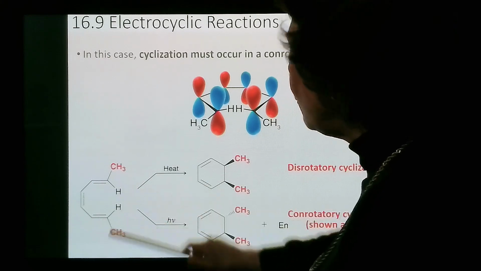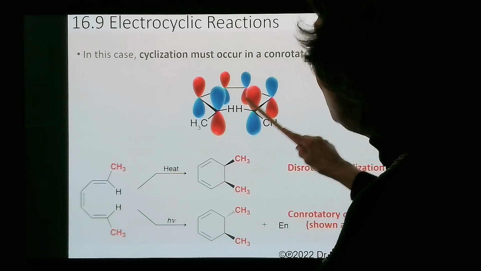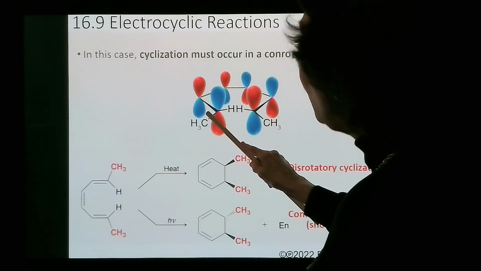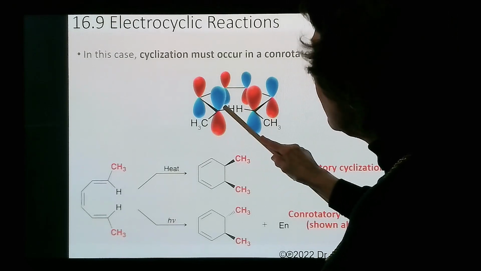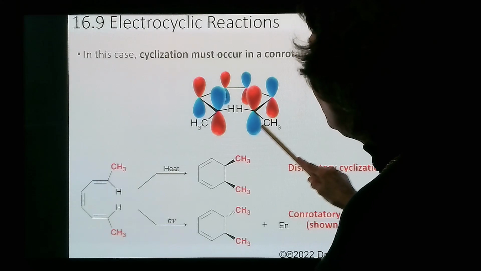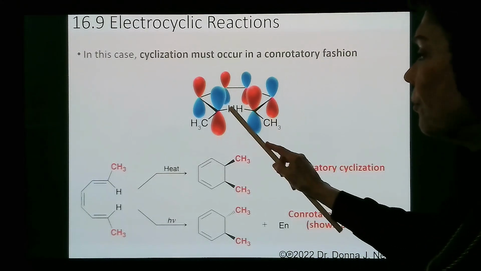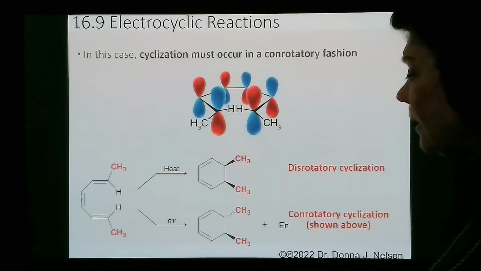And when you have the rotation, so that you have the overlap between the two red lobes, this end will rotate counterclockwise, and this end will rotate counterclockwise. So that will be conrotatory because they're rotating in the same direction, and you'll get the trans product.